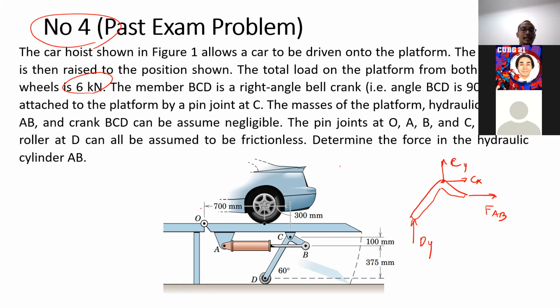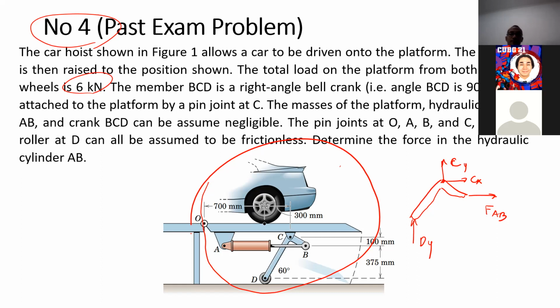Now let's take a look at the whole system. We can use that as our free body diagram as well. Irsyad, if you take a look at the whole system, our free body diagram will become like this.